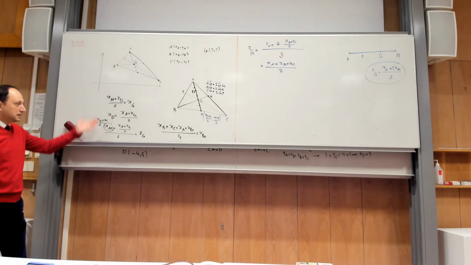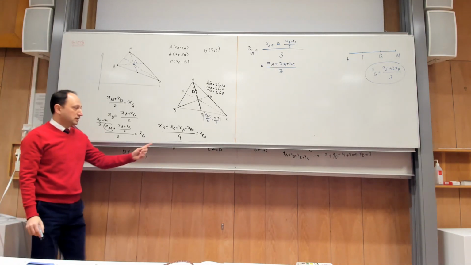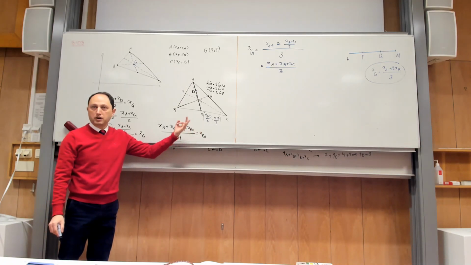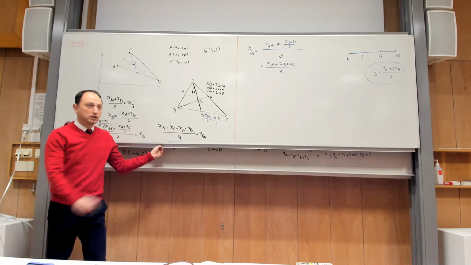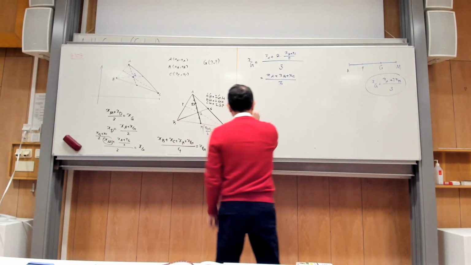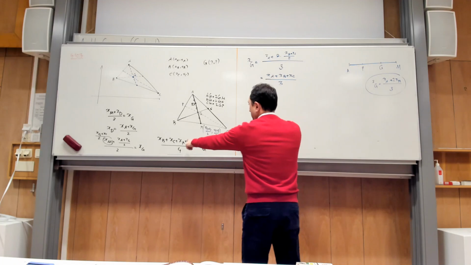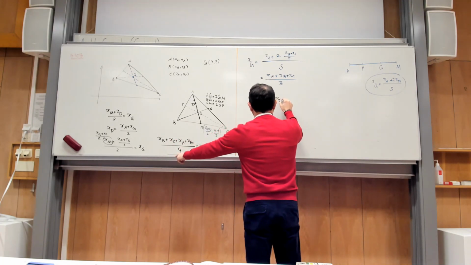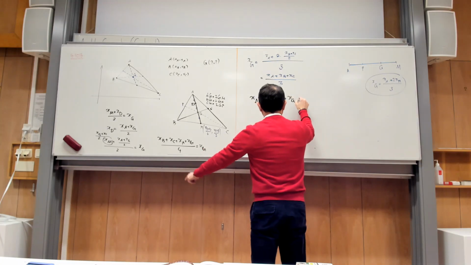And still, the calculations are simple and we are done. Because if I multiply it by 4, it becomes xa plus xb plus xc plus xg is equal to 4xg.